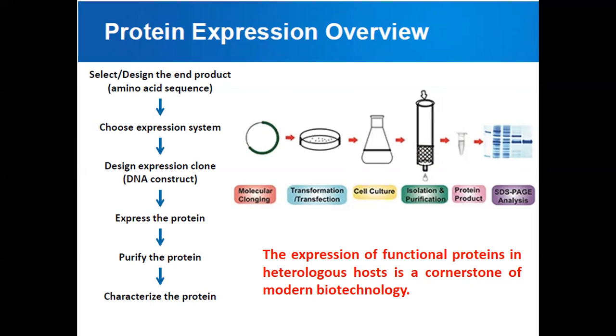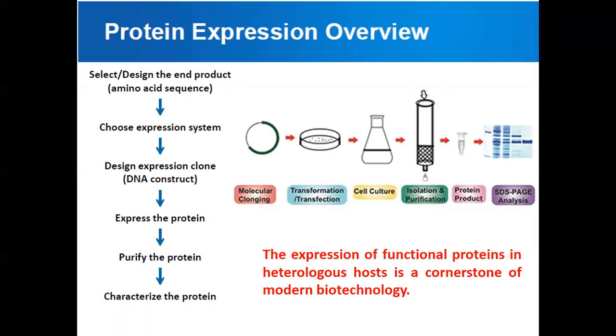It can be used as antibodies, hormones, enzymes, or new types of drugs, among others. So it has various uses. That's why modern biotechnology depends so much upon the functional expression of the protein. This is the significance, the importance of functional protein expression.